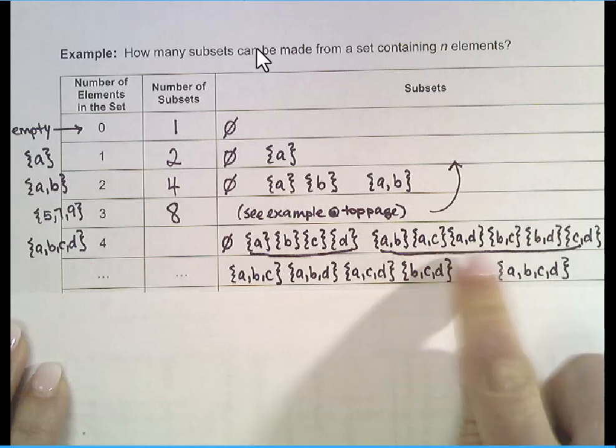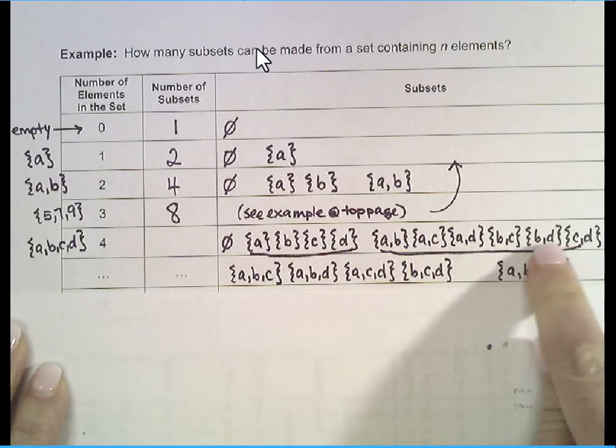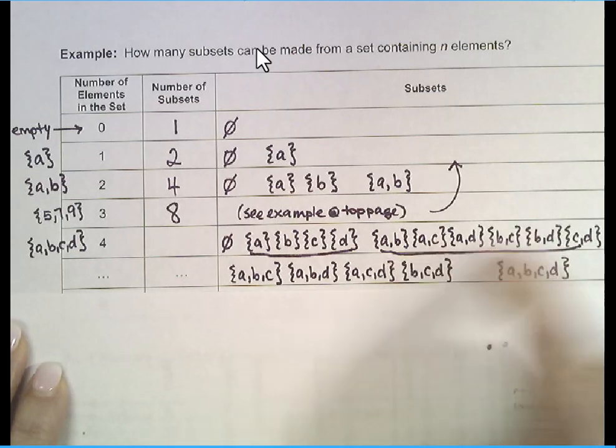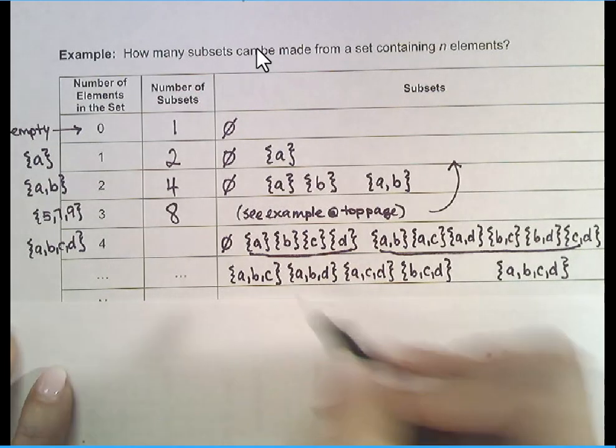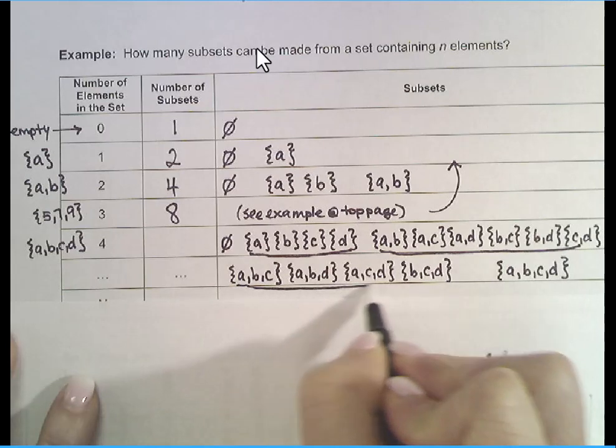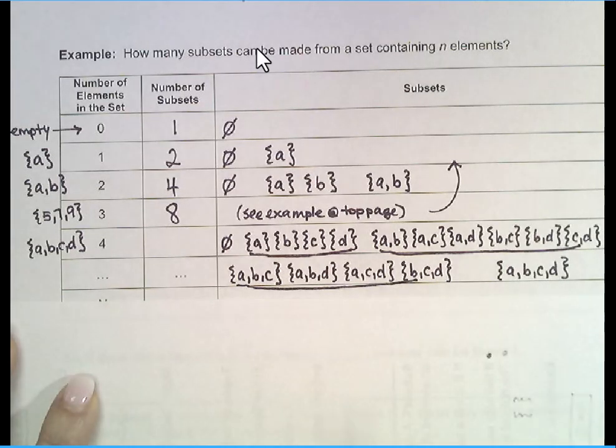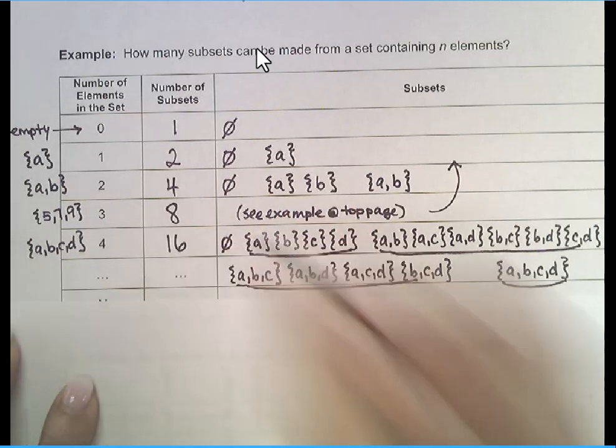AB, AC, AD, BC, BD, and CD. If you change the order, it's the same sets, so don't bother changing the order. And then I did the triples. Here's all the groups of 3 I could get. And then I actually had a quadruple on this one because we had 4 elements. So if you add all of those up, it turns out that there are 16.